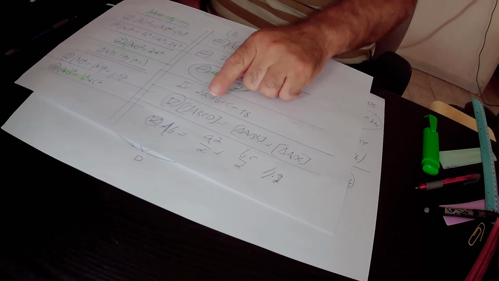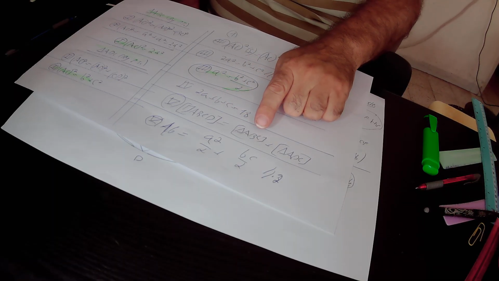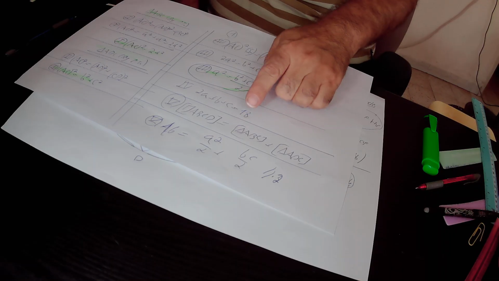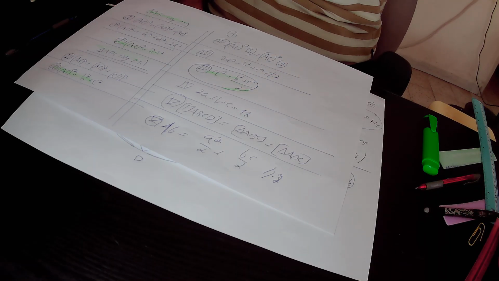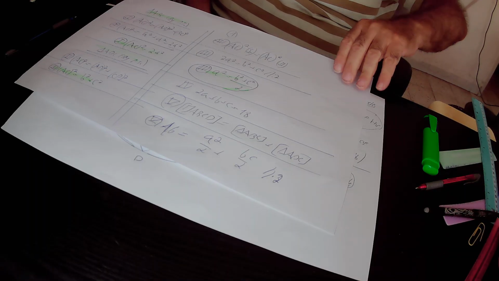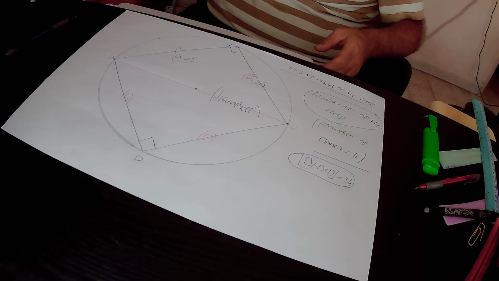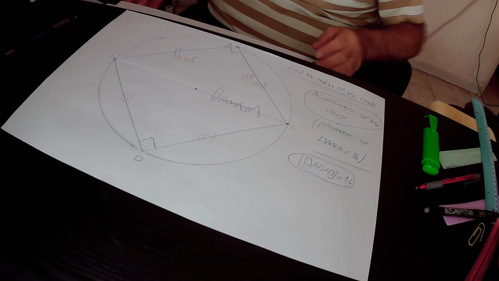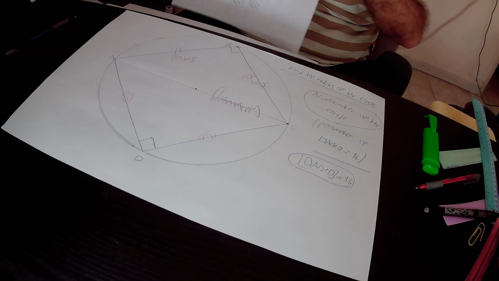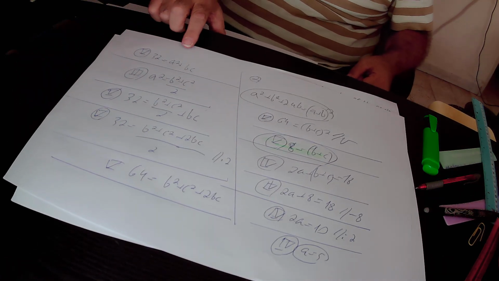So in total, according to equation 5, 16 equals A squared over 2 plus BC over 2. Here we multiply this equation by 2 and find that 16 times 2 is 32, so 32 equals A squared plus BC.